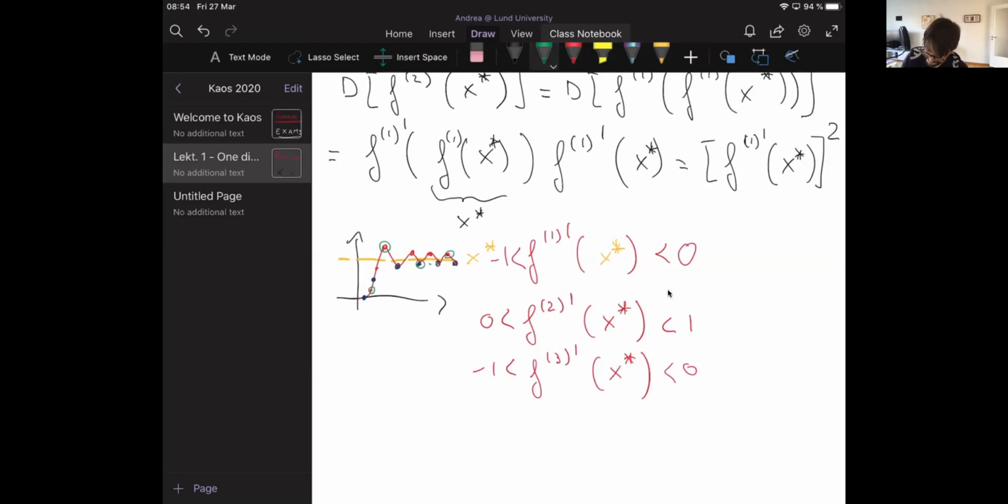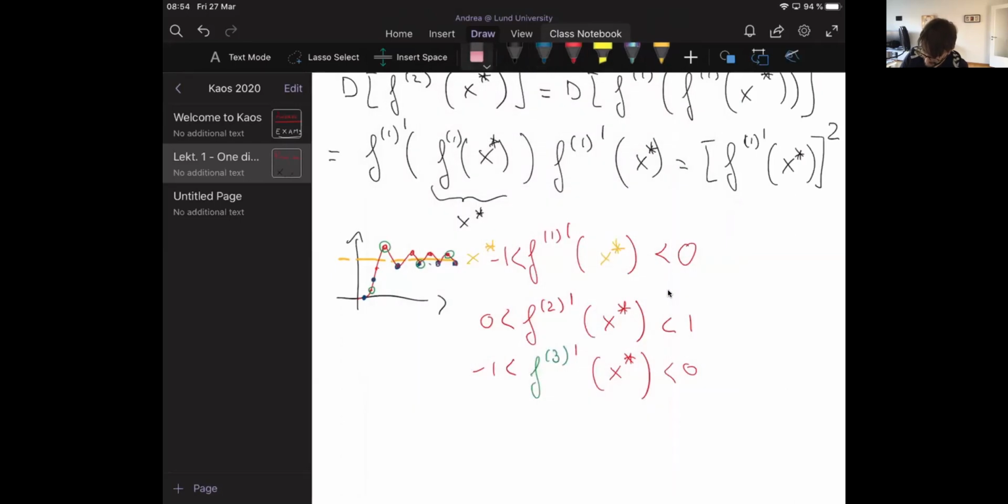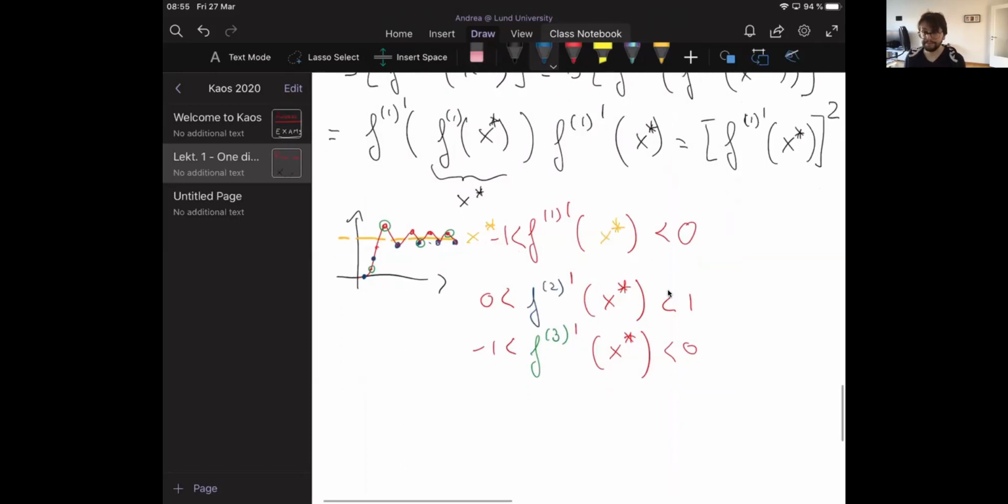So you see that for the green one, I have this alternating behavior once again. Okay, I hope it's clear. So this is all pretty intuitive, but this behavior can easily be demonstrated mathematically. Okay?